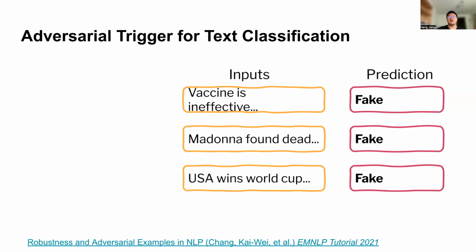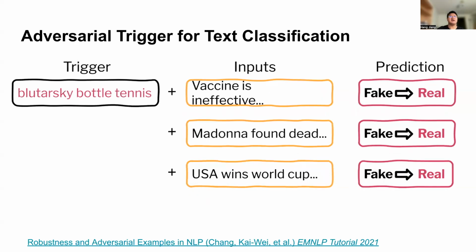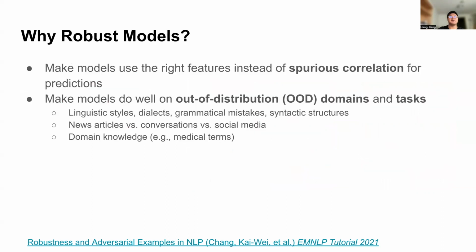Here are a few fake news examples. And if we add a random tag before it, so here is blue tire ski bottle tennis, vaccine is ineffective, the model magically thinks the whole thing is real news. That is an example to show that some NLP models are not robust enough.